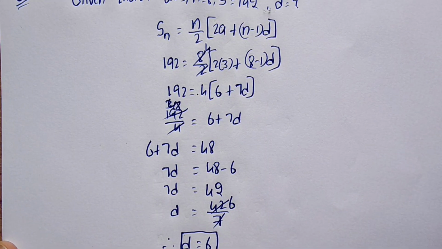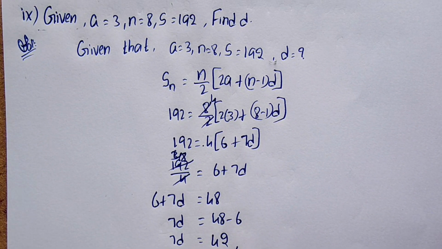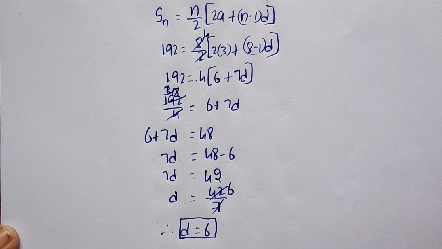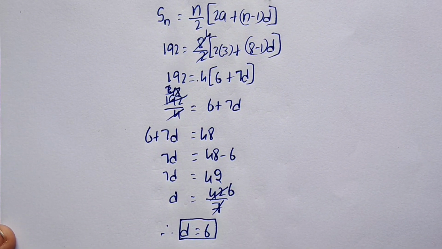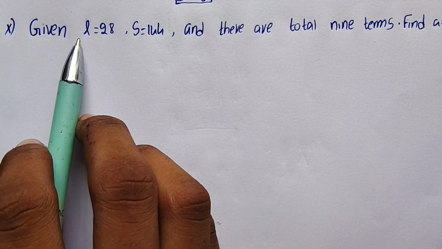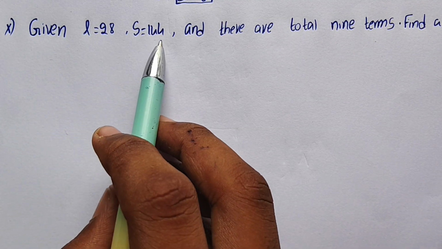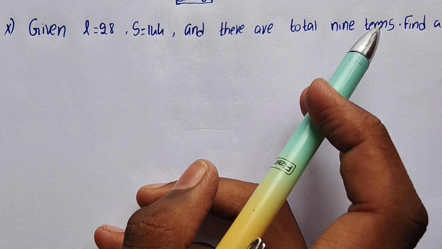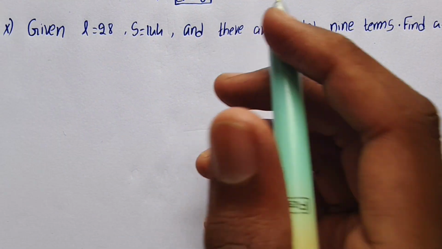Now let's go to the 10th question. Here the given 10th question is: given L equals 28, S equals 144, and there are a total of 9 terms. So we have to find the value of a. So let us solve it.